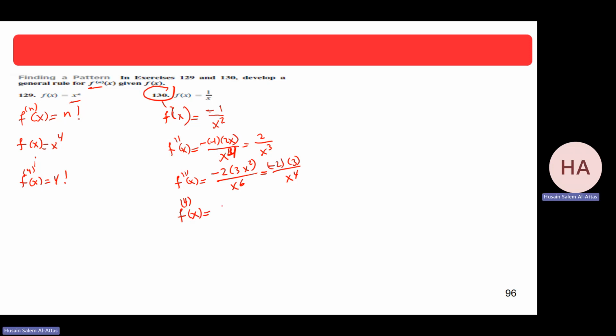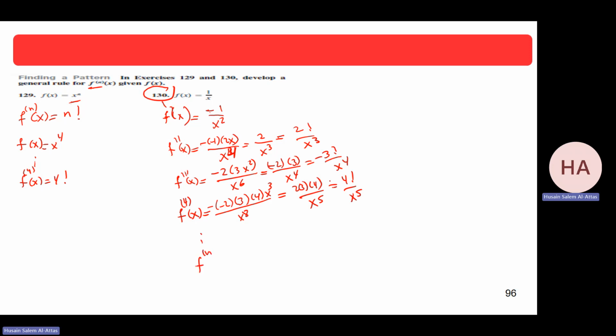It will be minus 2 minus 2 times 3 times 4 x cubed over x to the power 8. And that gives me 2, 3, 4 over x to the power 5. Now this is 2 factorial over x cubed. This is minus 3 factorial over x to the power 4. And this one, 4 factorial over x to the power 5.